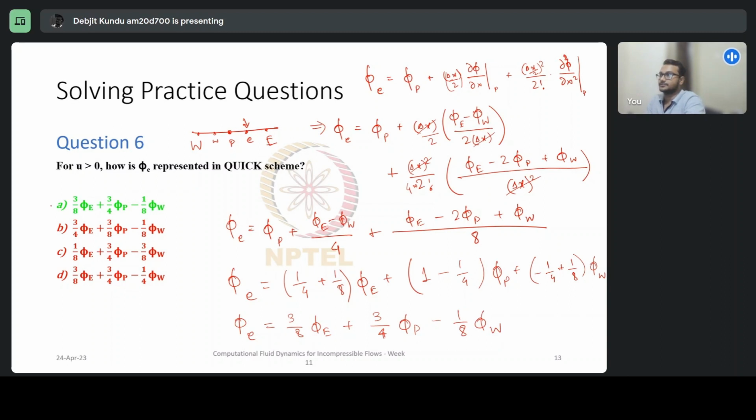So this corresponds to the first option. Option A, that is 3 by 8 phi e plus 3 by 4 phi p minus 1 by 8 phi w. Right?